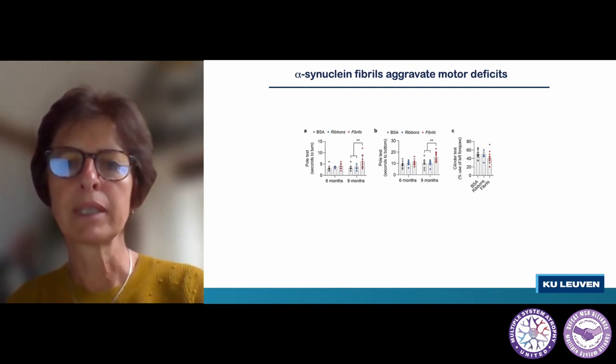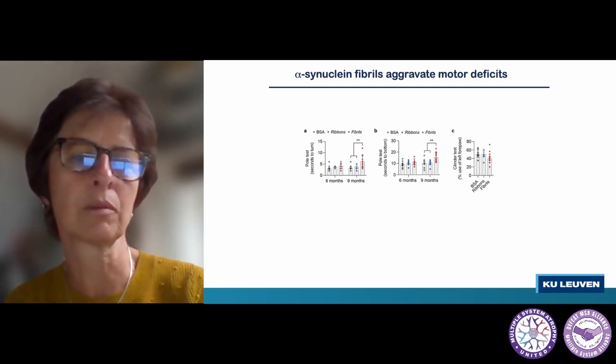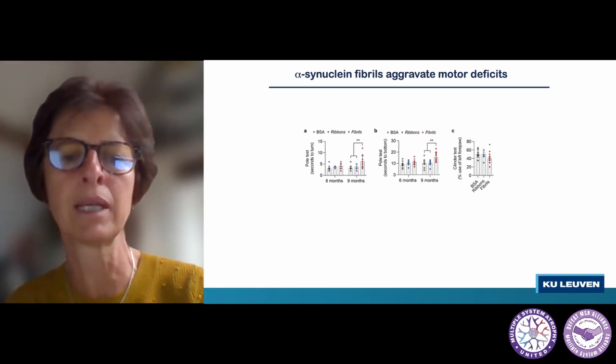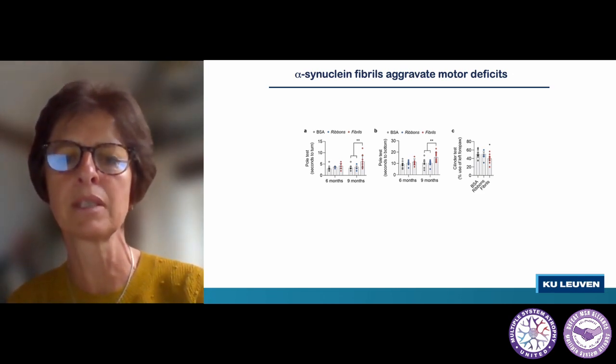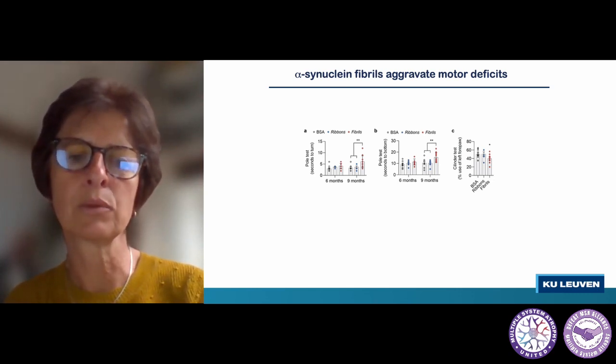First of all, we looked at motor deficits. Here we injected BSA as a control for a protein, and then we had the two different alpha-synuclein strains, ribbons and fibrils. There are two tests here.